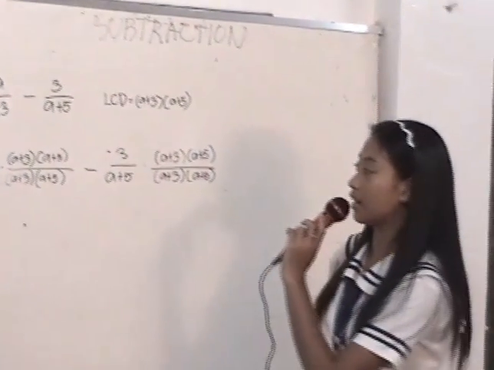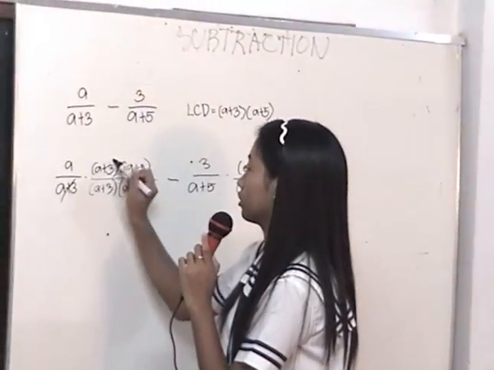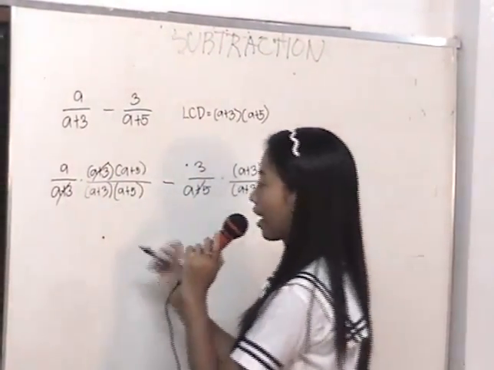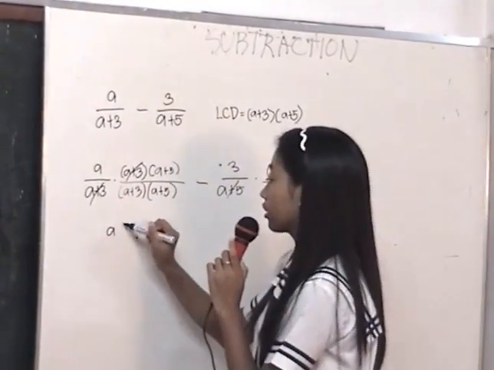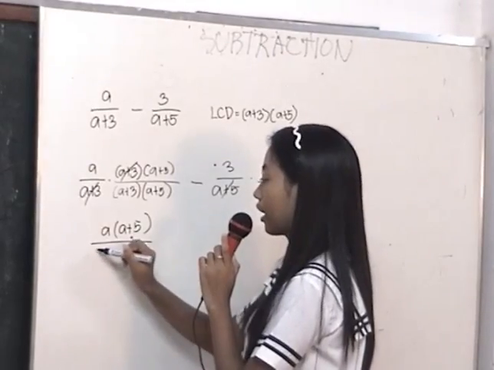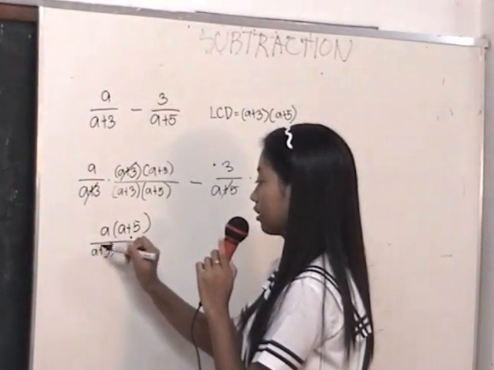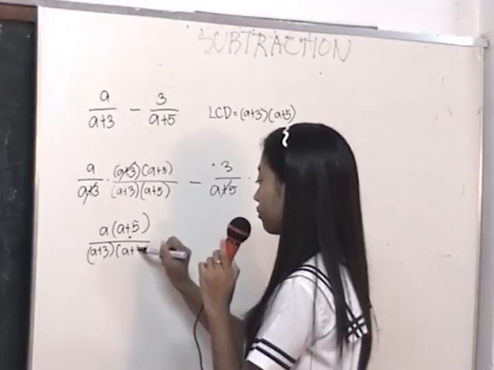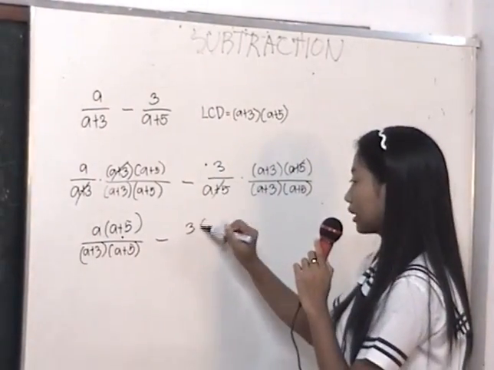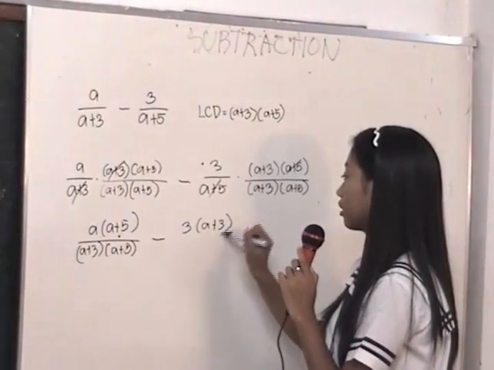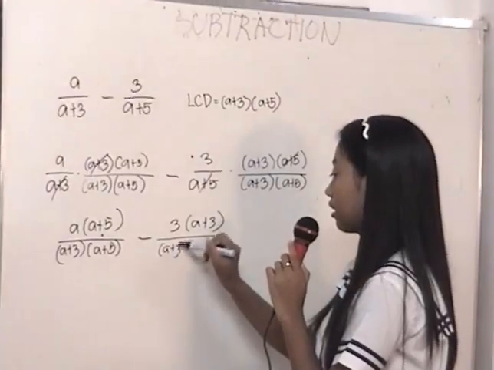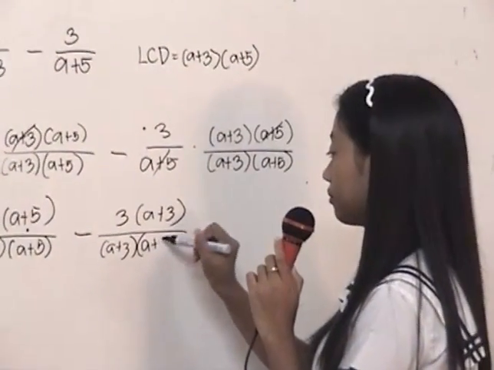We need to cancel like terms. So we have a times the quantity a plus 5 over a plus 3 and a plus 5, minus 3 times the quantity a plus 3 over a plus 3 and a plus 5.